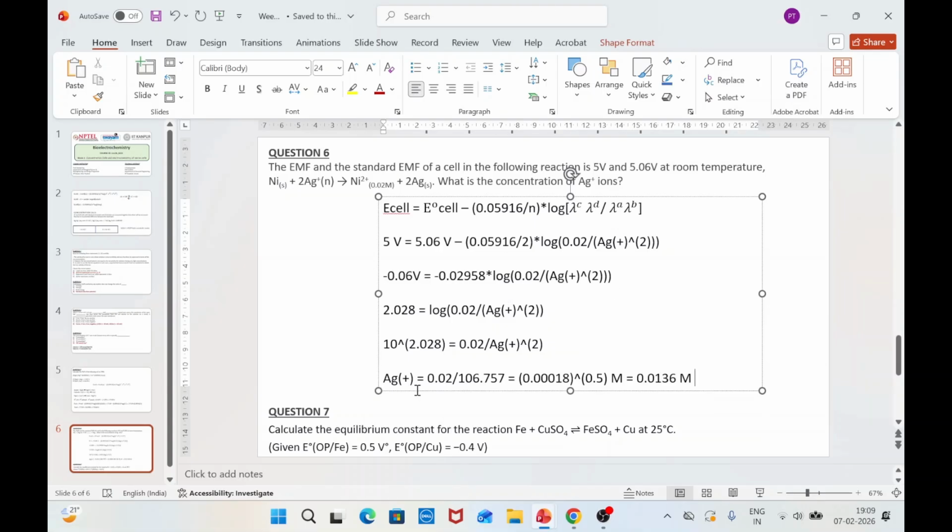So any doubt? The major reason for taking up this question was to make sure that you be very careful while substituting the values in the problem. This is a very standard question. We are supposed to use the Nernst equation to solve the problem. We have the values given. It's just that we need to be careful on how we substitute the values to get the answer.